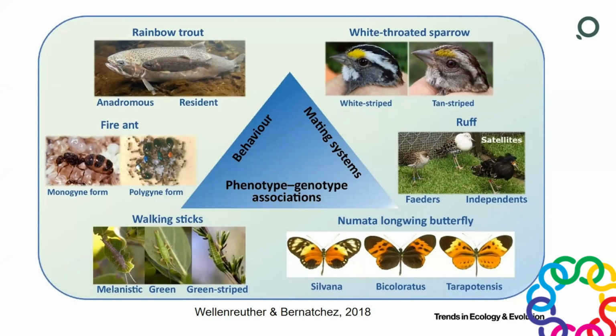Or inversions commonly impact mating systems, which has been well described in the white-throated sparrow or the ruff. Or they can impact phenotype-genotype associations. That's also really well described, for instance, in Heliconius butterflies or Timema walking sticks. So these are roughly the 3 categories that have been really well studied when it comes to inversions.